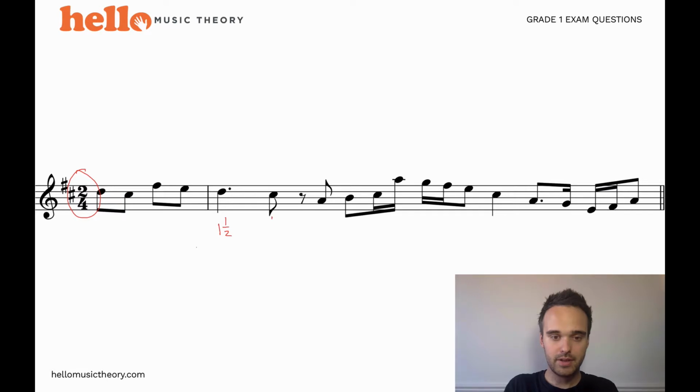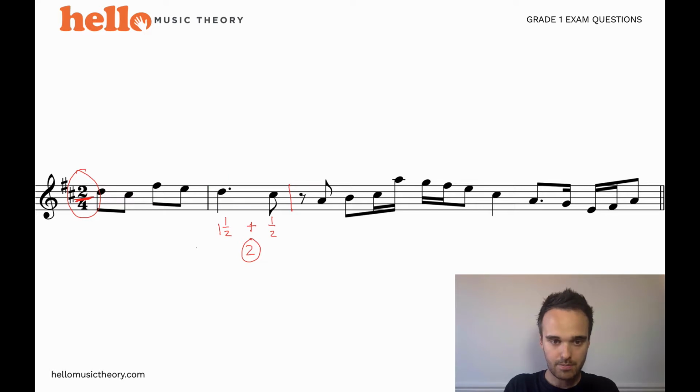And then we've got a quaver next to it, which is worth half a beat. 1.5 plus a half equals 2. And because our time signature is 2/4, that means we can write in a bar line because there are 2 crotchet beats in this bar. Nice and easy. Let's keep going.